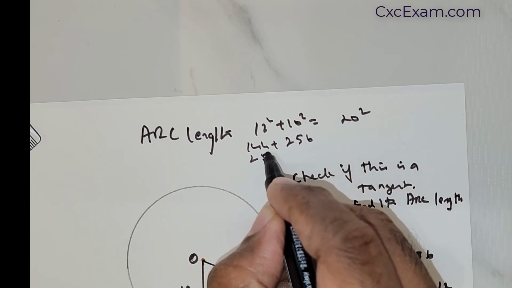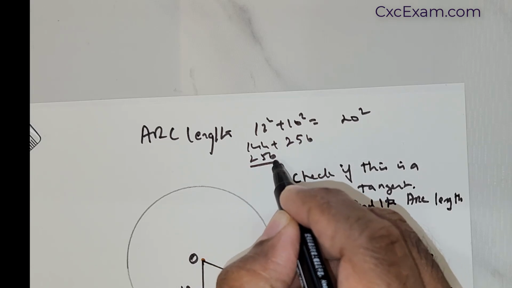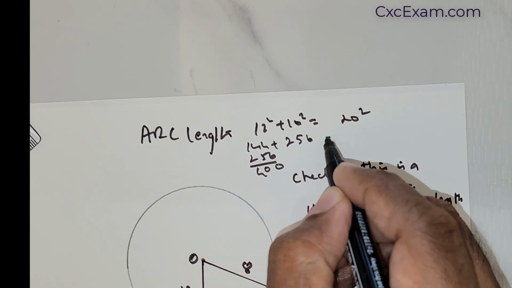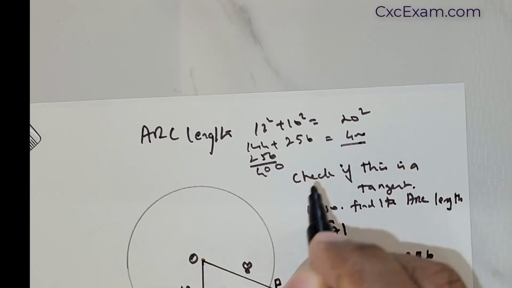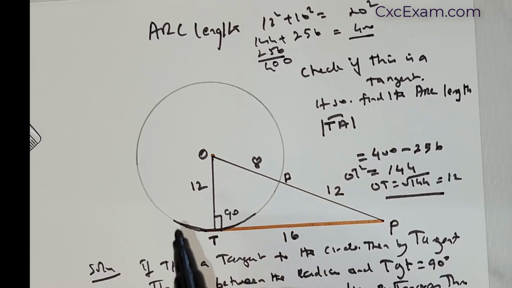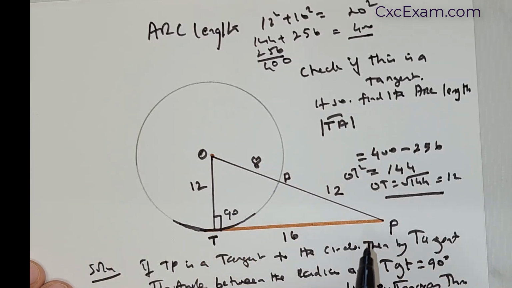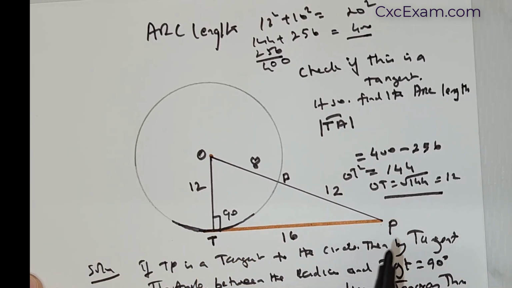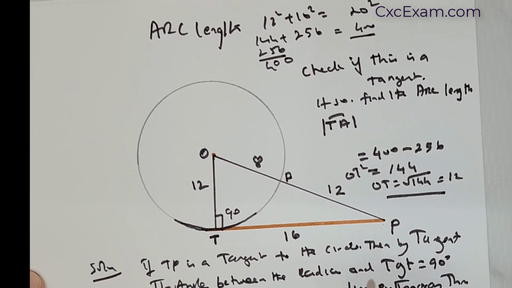So you add 256, what do you get? 400. 20 squared is 400. So we are actually ensuring that the Pythagoras is being proved. Okay, so that is the first part of the question.